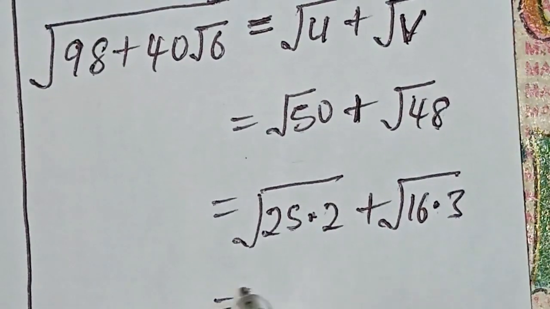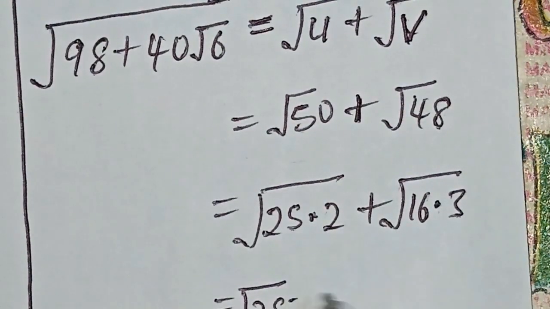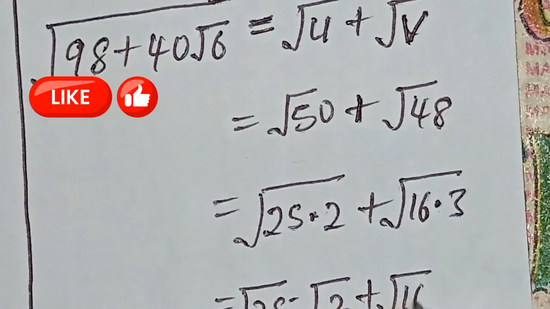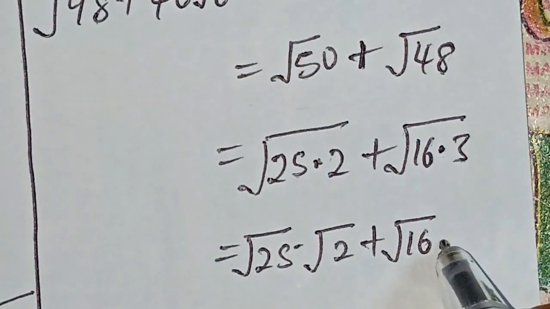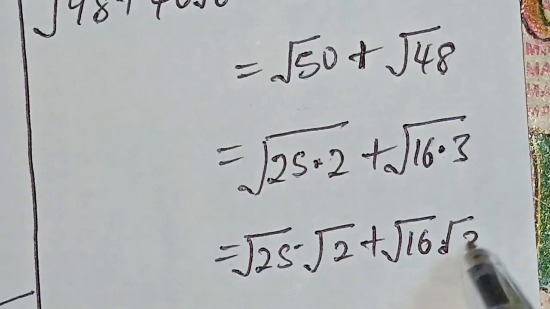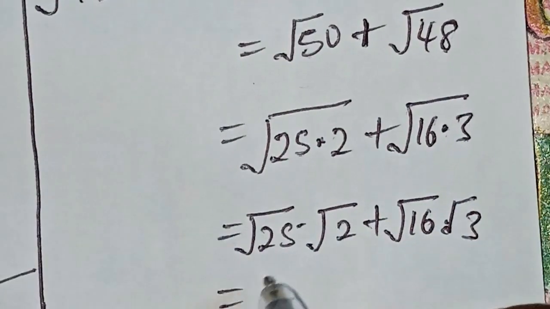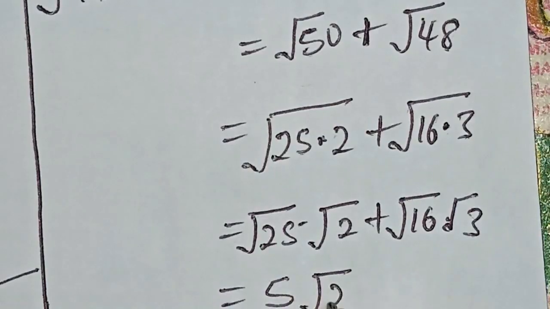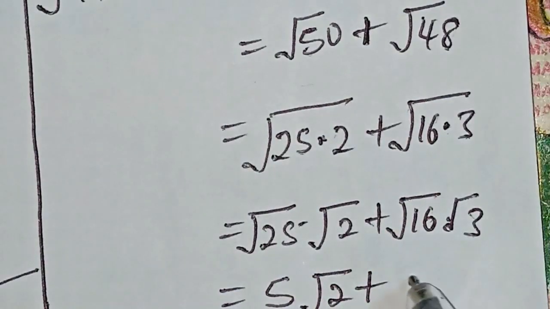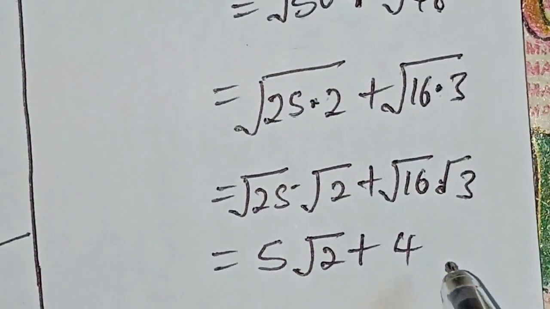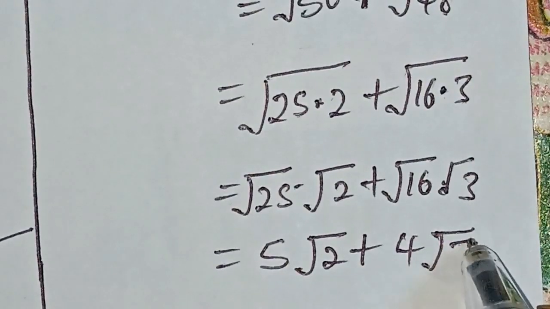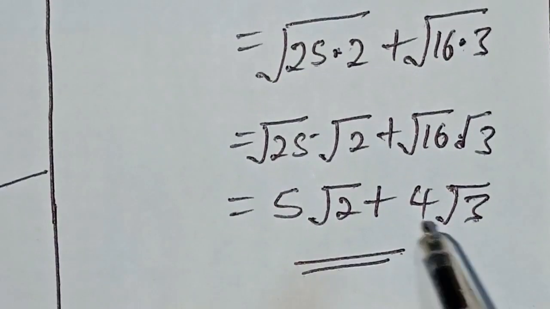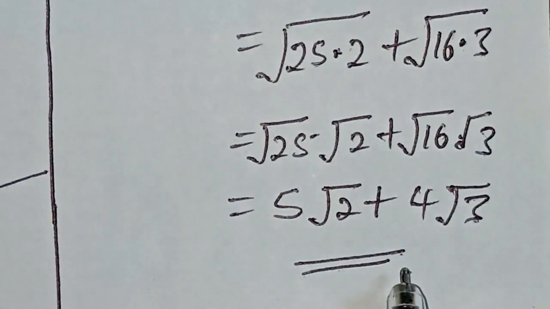This is separated as square root of 25 times square root of 2 plus square root of 16 times square root of 3. Square root of 25 is equal to 5, then square root of 2. Square root of 16 is given by 4, and square root of 3. This then will be our final simplification.